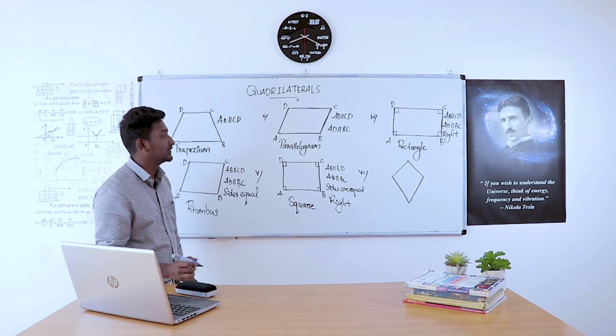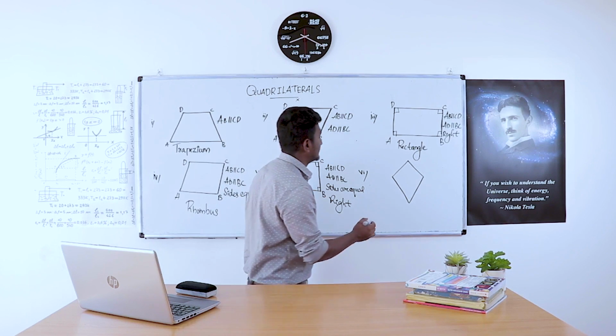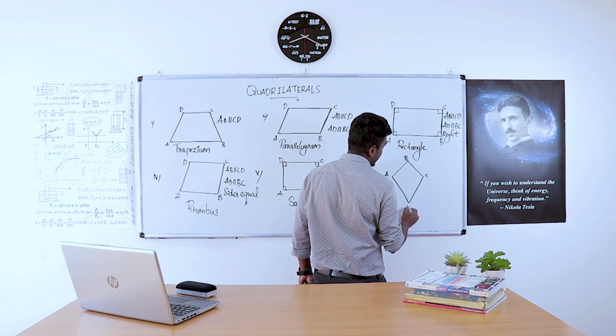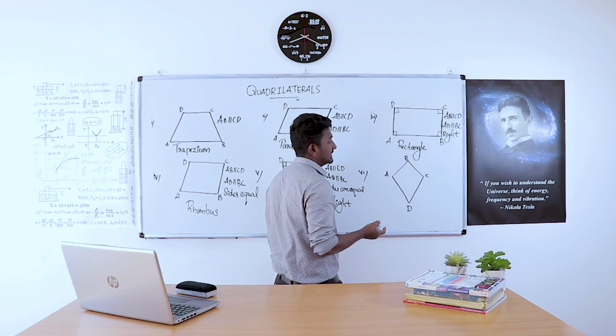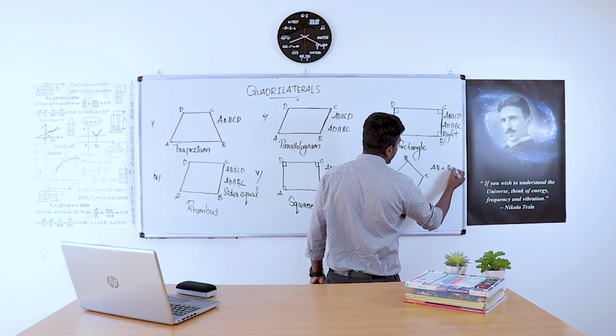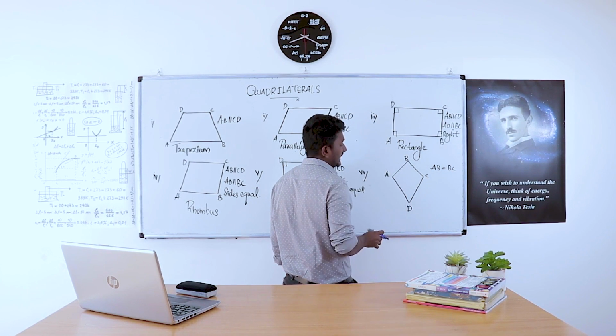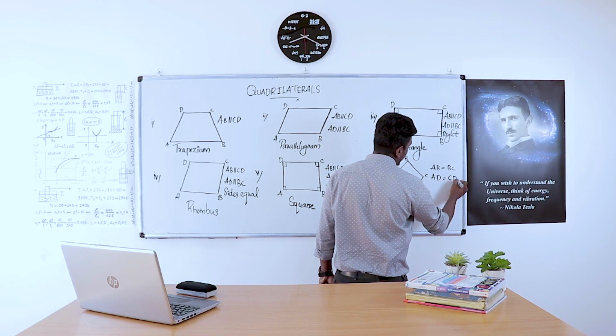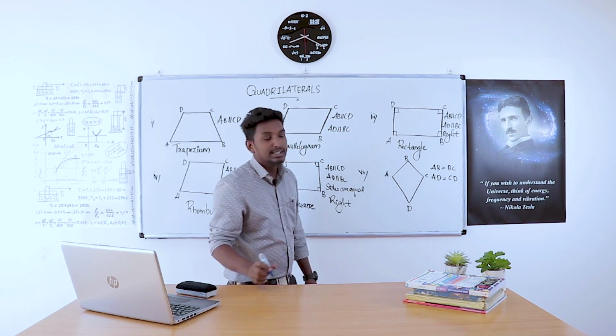Now look at the last figure. What is the specialty of this? We can give the same names A, B, C and D. Now what is the specialty? AB and BC are equal to each other. Then AD and CD are equal to each other.